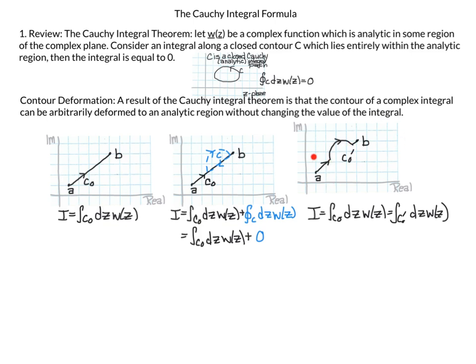And that's what this picture is here. I've canceled out this middle intersecting portion. So I've deformed my curve. And as we had talked about in the last video, you can deform it arbitrarily. And as long as your curve is in an analytic region, the value of the integral will remain the same. And if you think about it, it makes sense, but it's actually still quite surprising.